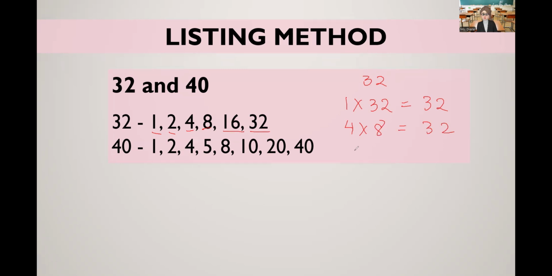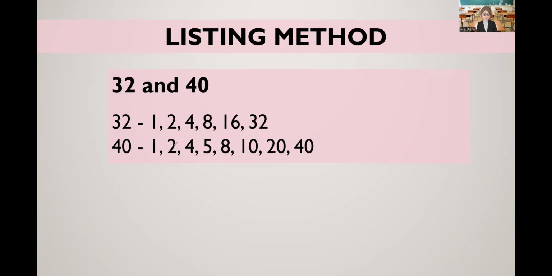If we multiply 2 times 16, that is equal to 32. Okay, so do we have some more? There you go. So these are the factors of 32.